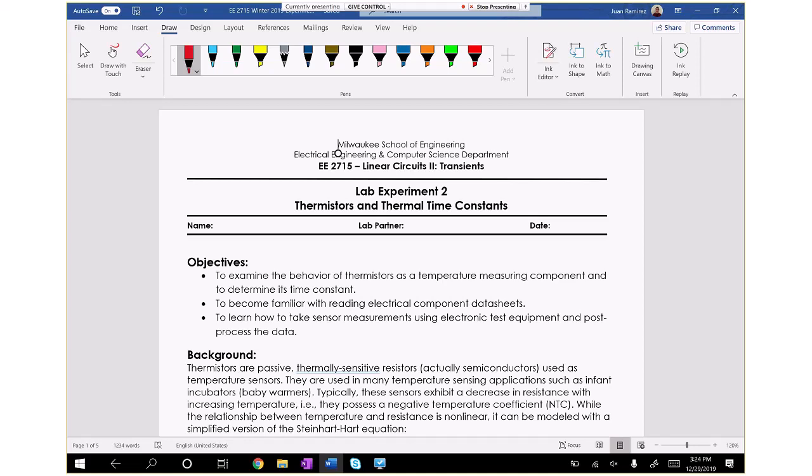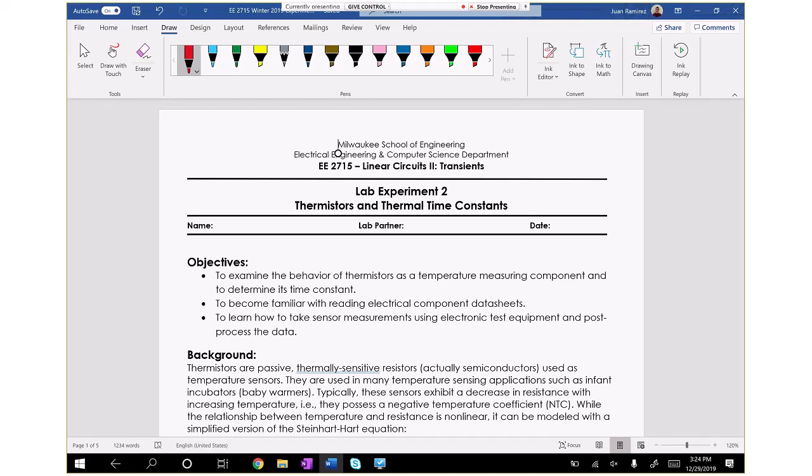The third item is to learn how to take sensor measurements and then use that data, post-processing it to really analyze what's happening. If you're using a sensor, oftentimes the value that you're sensing is some voltage or current that's proportional to the physical quantity you're measuring.